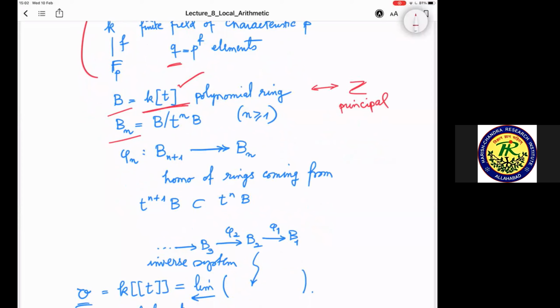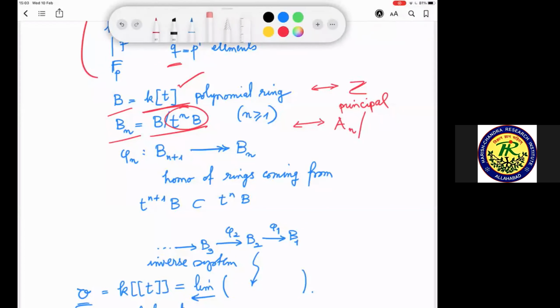So Bn is B modulo T to the n times B, so that this is an ideal, of course, of the ring B. And this Bn is analogous to the rings An which we had earlier, where An was equal to Z modulo P to the n Z, right?